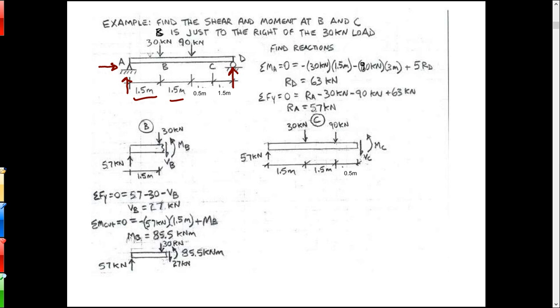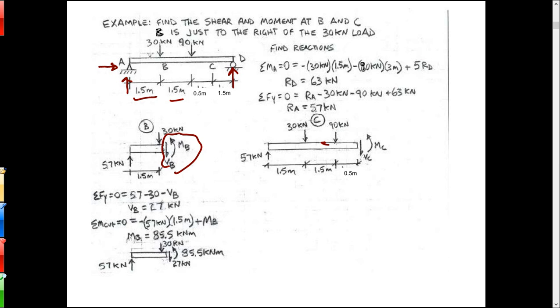Then we'd cut at whatever location we were interested in and find the internal force and the internal moment. If I were to cut just to the right of B, or just to the right of the 30 kilonewton load, I'm going to put internal forces at that cut, where I've cut the beam open.